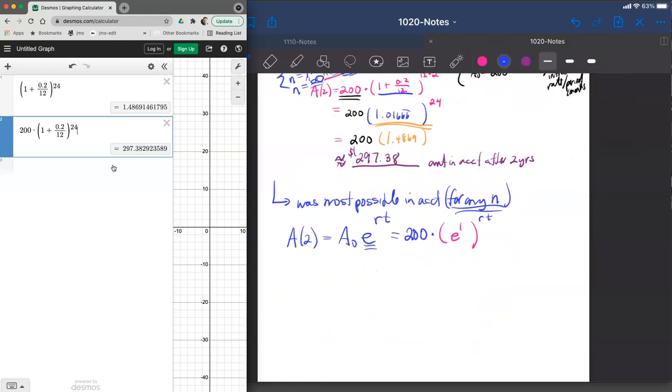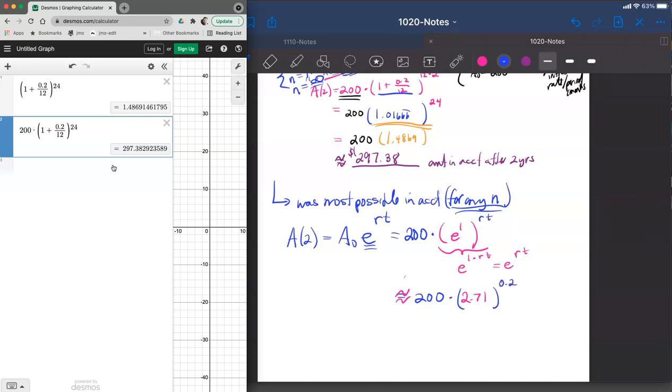This is the same thing as using laws of exponents: e to the 1 times rt is e to the 1 multiplied by rt, that's e to the rt. What I'm saying here is that we can take the most that $1 can grow to, which is e dollars, so around $2.71. That's the most that $1 could grow to.